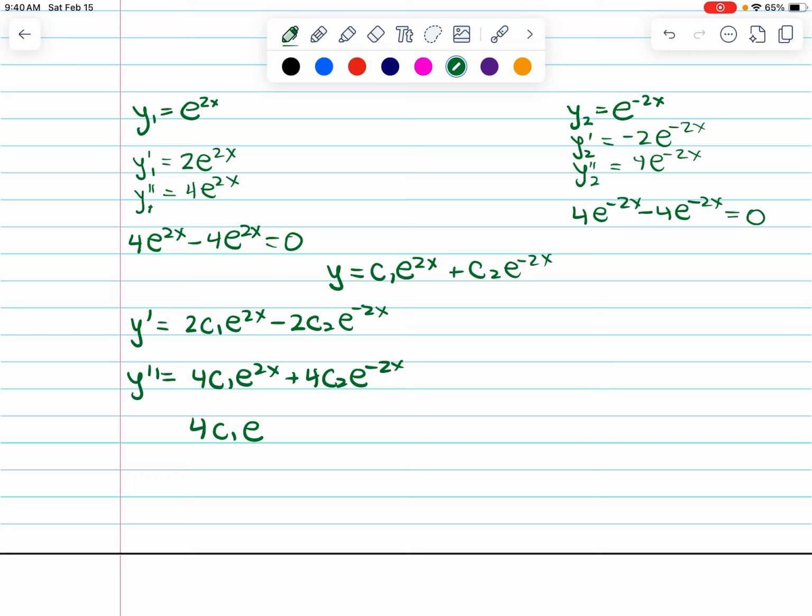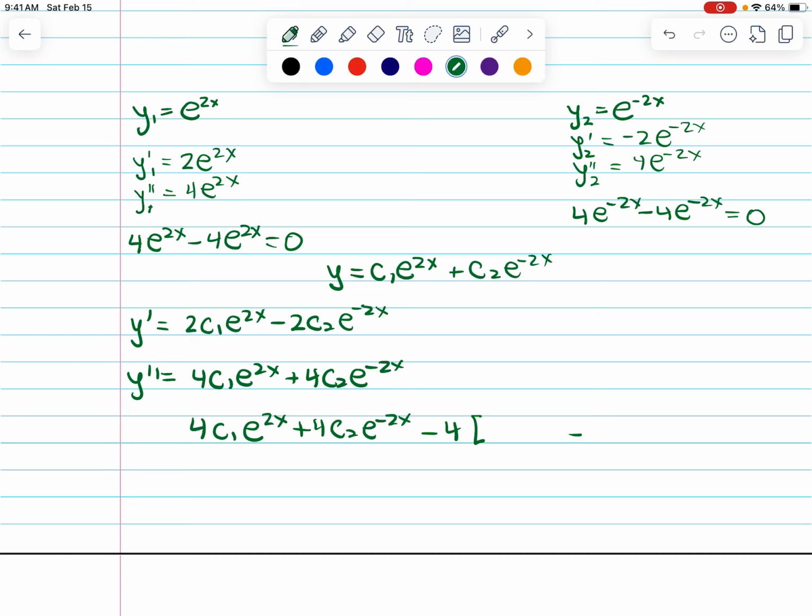4c1 e to the 2x plus 4c2 e to the negative 2x minus 4 times the original, just putting in the original. Whoops. Actually, I started to put in the wrong thing.